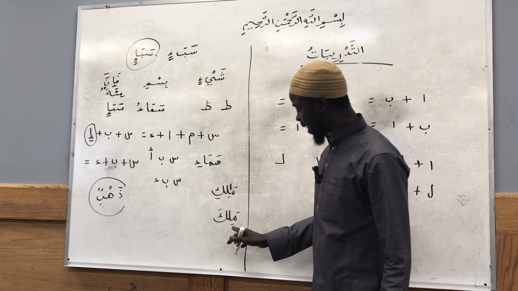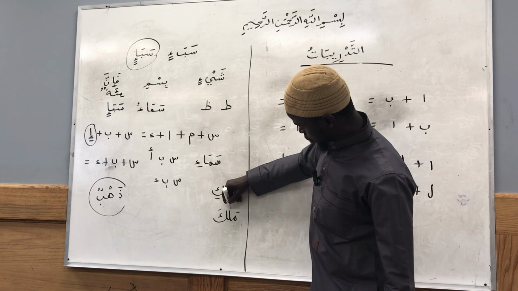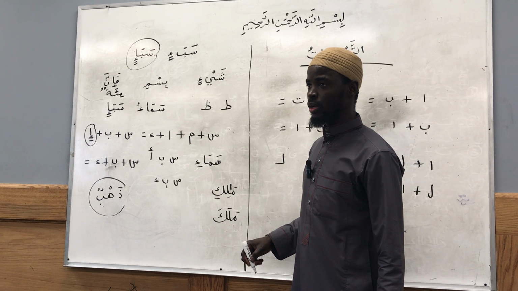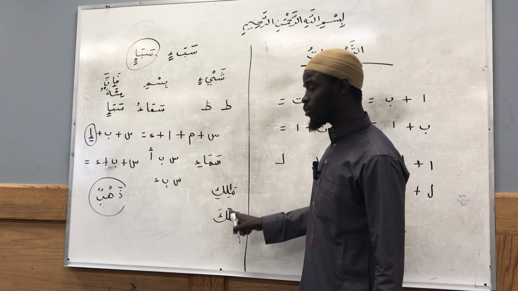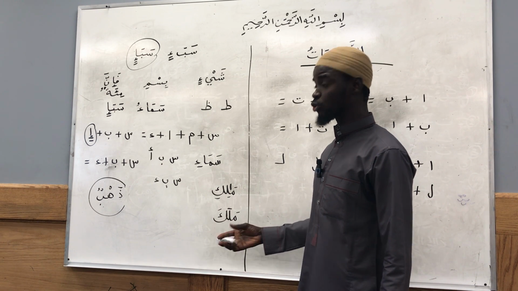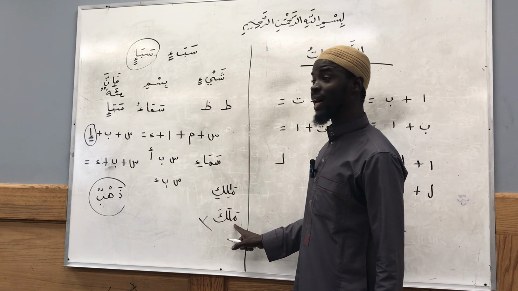But you can never change this Lam kasra to Lam fatha and then tell me that it's a qira'ah. No. There is no qira'ah that will make the Lam fatha. That's wrong in reading the Quran. There is no qira'ah that will read it like Malaki Yawmiddin.